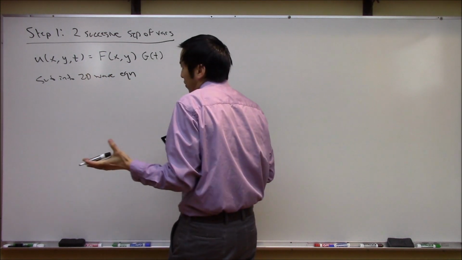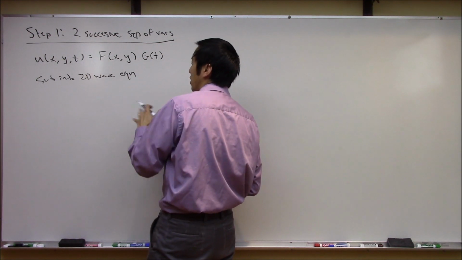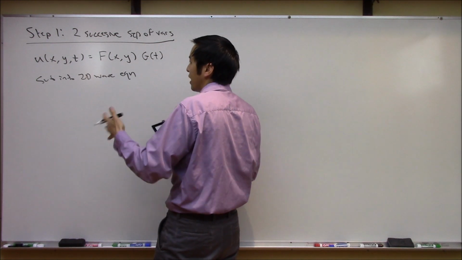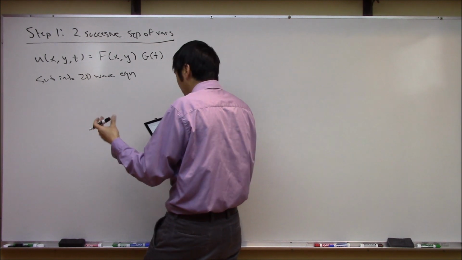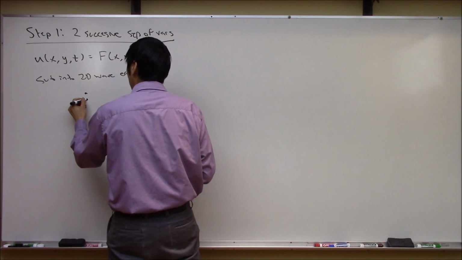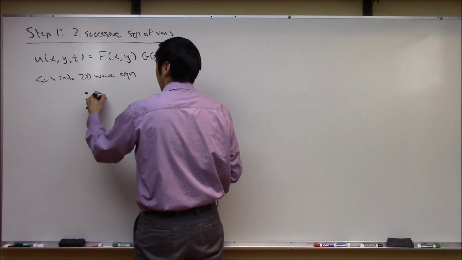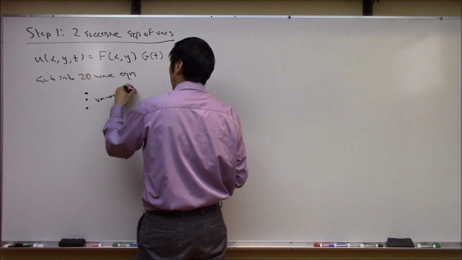And again, since we've seen this many, many times, I'm going to skip a couple of steps here, but we'll basically substitute this in, take appropriate partials, divide things through, and do a little bit of manipulation. I'll just use this dot, dot, dot to represent various manipulations.